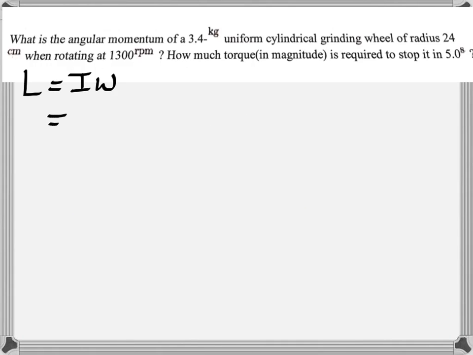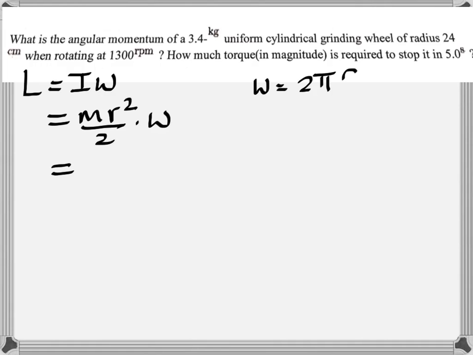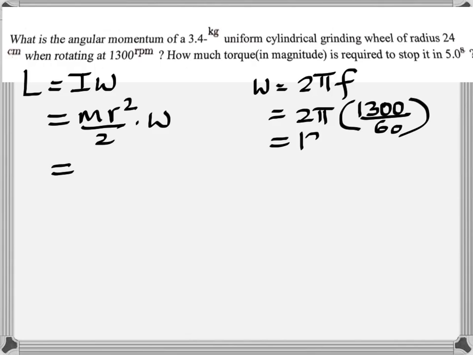And here your angular momentum is I omega, and the moment of inertia is mass times radius squared by 2. Omega is 2 pi f, which is the frequency, which is the number of rotations in 1 second. Find that first and then plug it back into this.